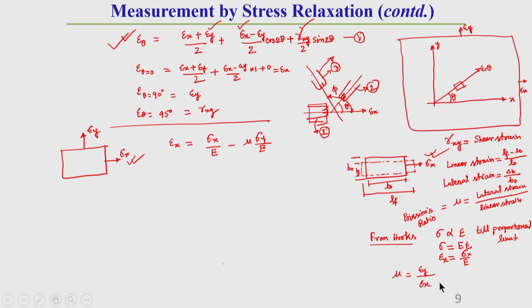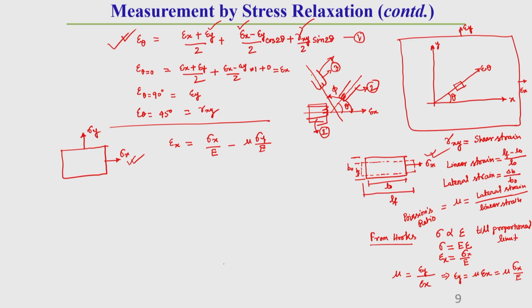From here, epsilon y equals mu into epsilon x, since this is occurring due to sigma x. So epsilon y will be mu times sigma x divided by E, correct.